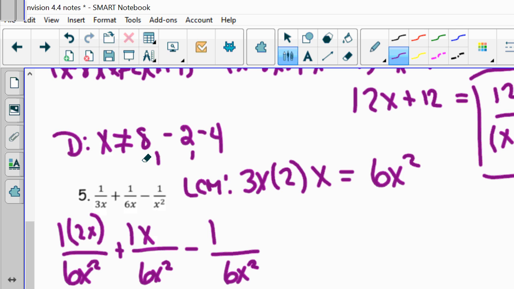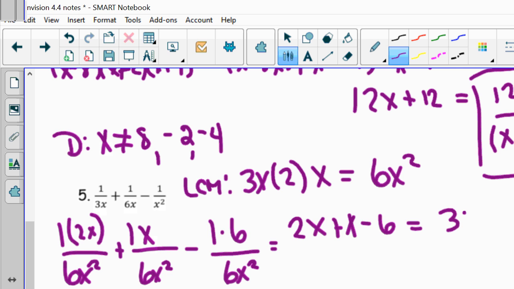The last one had a 1 on top. Started out with an x squared. I'm missing a 6. So when I multiply on top, I have 2x plus x minus 6. Sorry, that's an x. So it gets me 3x minus 6. I see I can factor 3 out, and I get x minus 2 all over 6x squared.